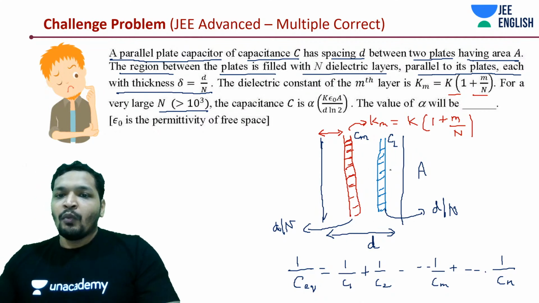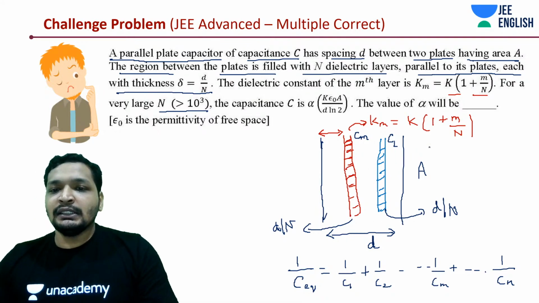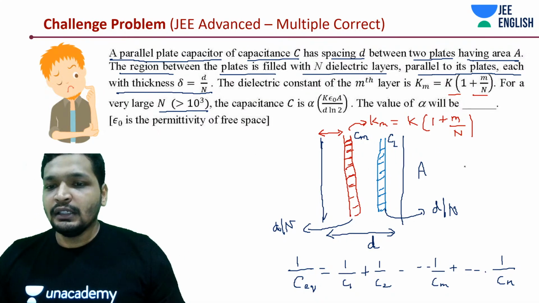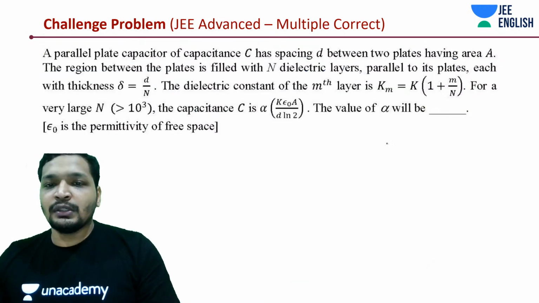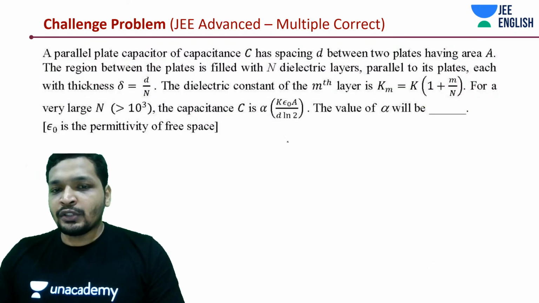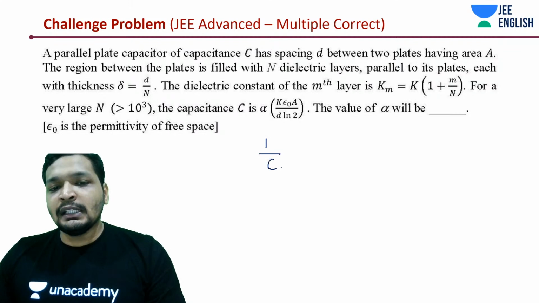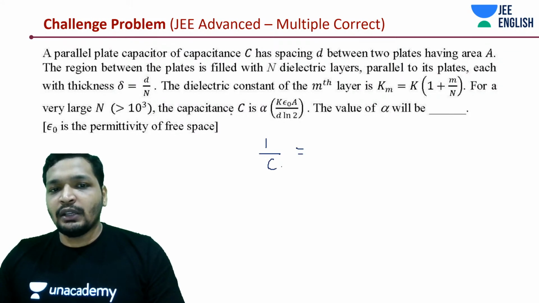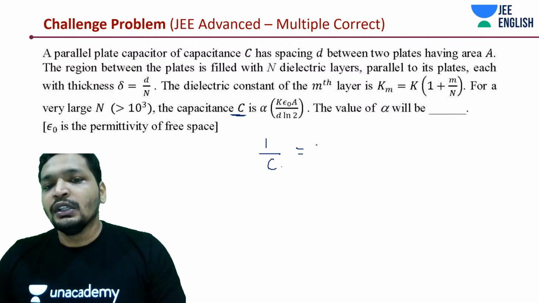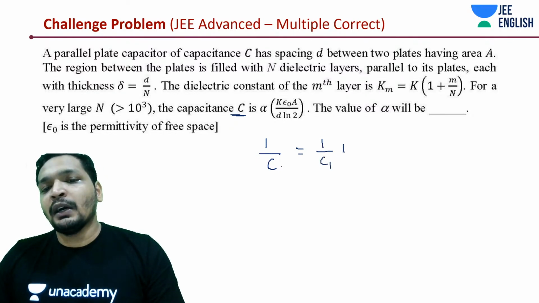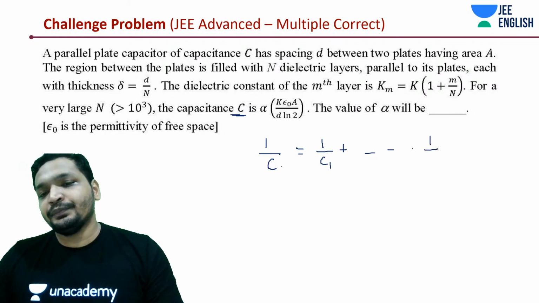What would be the value of capacitance for any given layer? I hope you understood the problem. I'm not writing C equivalent; the capacitance of the entire arrangement is given to you, 1 by C1, and so on till 1 by Cm.